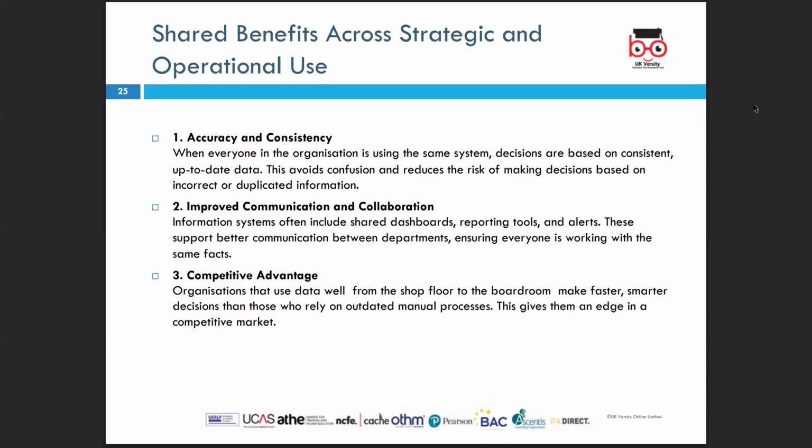This avoids confusion and reduces the risk of making decisions based on incorrect or duplicated information. These systems also improve communication and collaboration, where information systems often include shared dashboards, reporting tools, and alerts. This supports better communication between departments, ensuring everyone is working with the same facts.